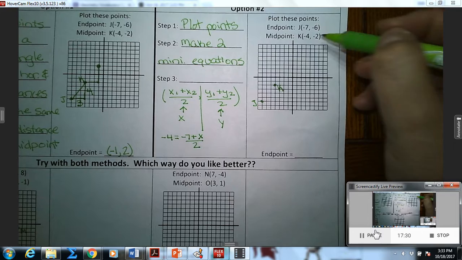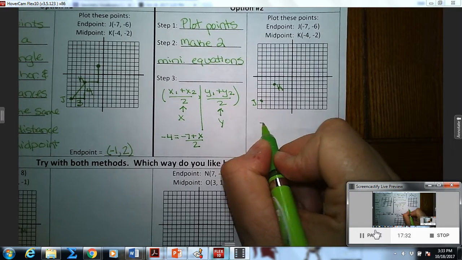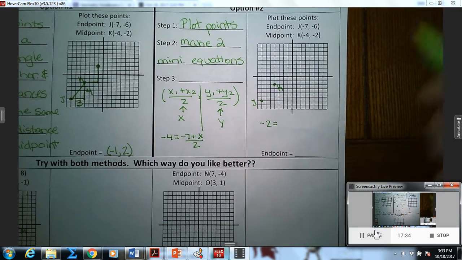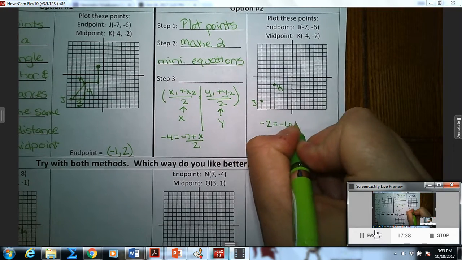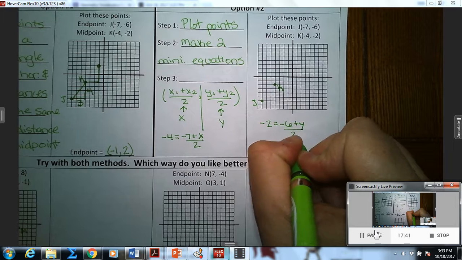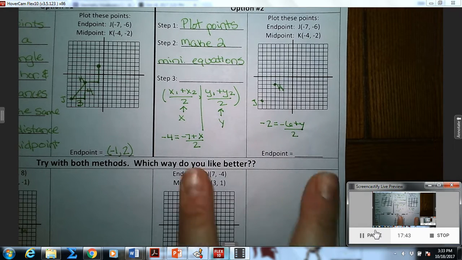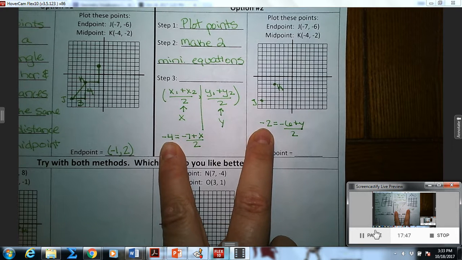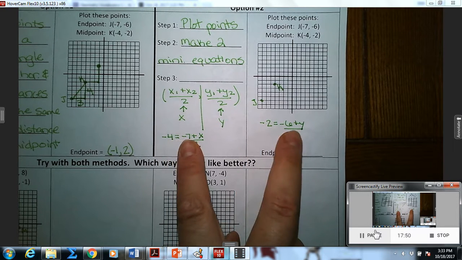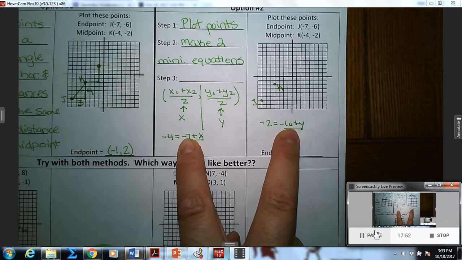I know that the midpoint value is negative 2. I know that one of the endpoint values is negative 6. And I'm trying to find the second endpoint value. So here my two miniature equations have the midpoint on the left side of the equation and the first endpoint on the right side of the equation.